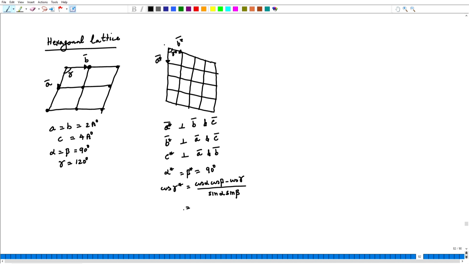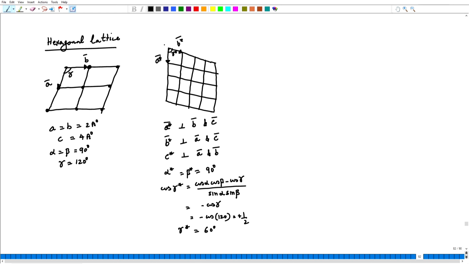If I plug in the values now, alpha and beta are 90 degrees, so this value is simply minus cos gamma. Now, gamma is 120 degrees. So, minus cos of 120, well, cos of 120 is minus half, and there is a negative sign outside cos. So, this will become plus half. This implies that gamma star is simply 60 degrees.